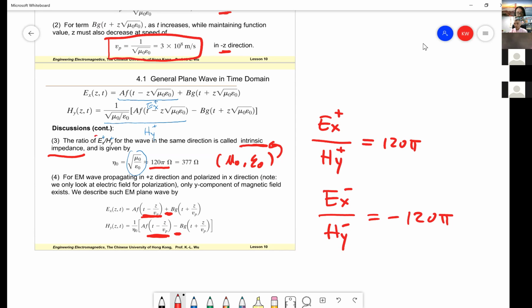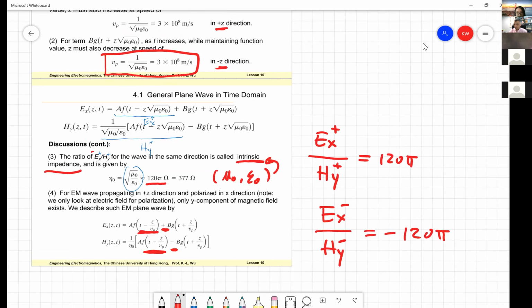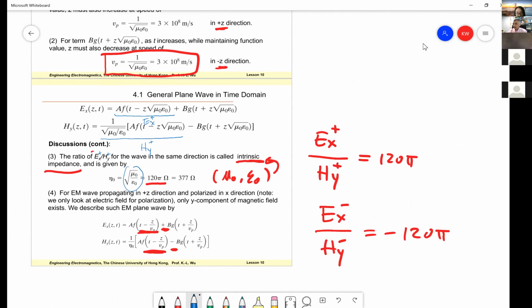This only reflects the fact that if we have an X component and a Y component, this is the propagation direction.